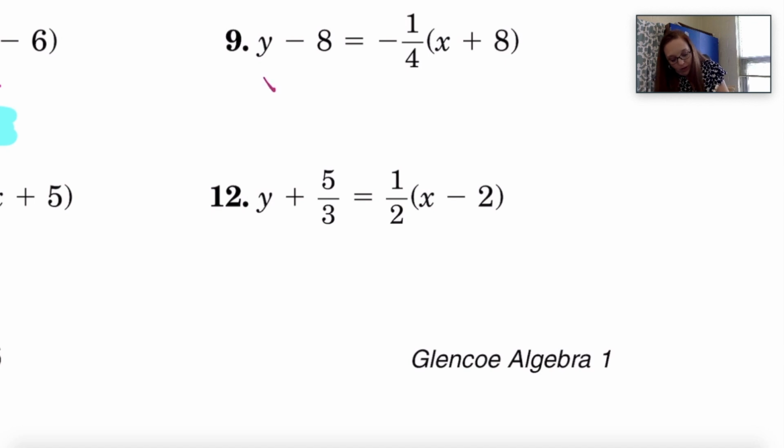So I'm going to go ahead and distribute first. So that would be negative 1/4 x minus 2. And then you're going to add 8 on both sides. And let's see, it looks like my presentation, give me just a second.